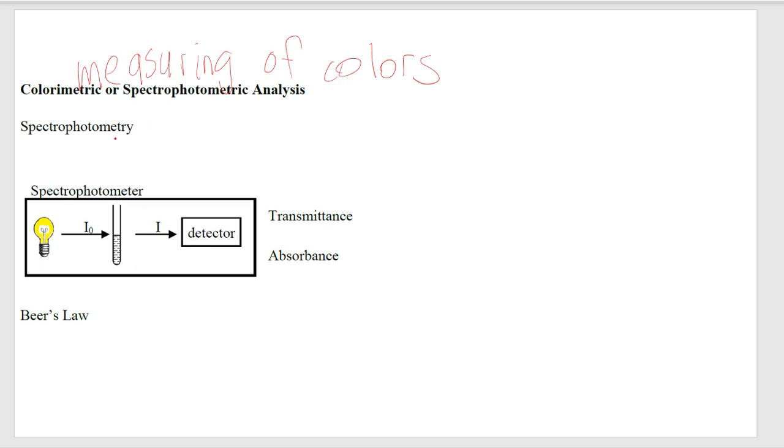And spectrophotometry, that is that machine, we're going to use that to figure out the degree of light that is absorbed by the colored solution to determine the concentration of that solution. So we use the spectrophotometry to find the degree of light that is absorbed by the colored solution.